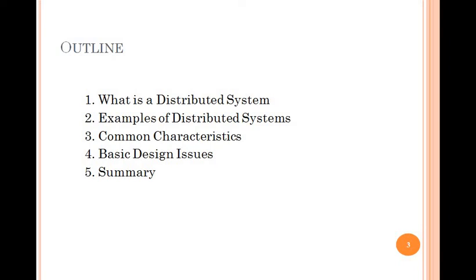We shall then elaborate on the common characteristics of distributed systems. These can be used to assess and compare distributed systems. They will also provide us with initial guidelines as to what we should remember when we construct distributed systems. And lastly, a summary will repeat what you should remember from this week's lecture.